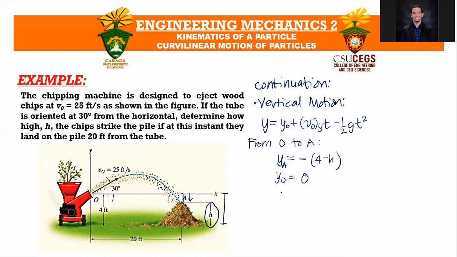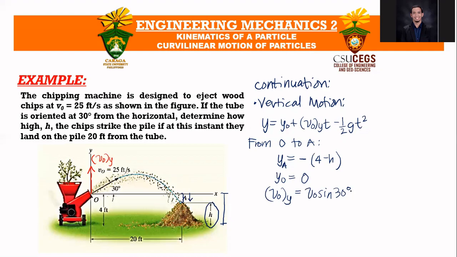For the VOY, so atong VOY is this one. So we can determine that using this equation, since the y component of your initial velocity is opposite sa imong angle 30 degrees.